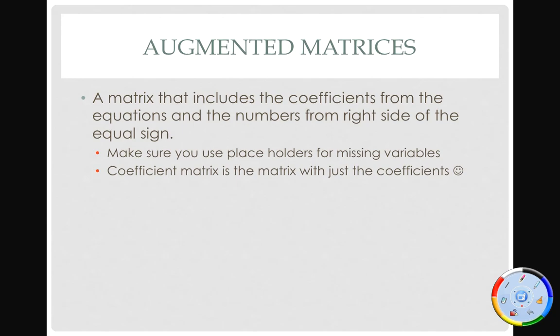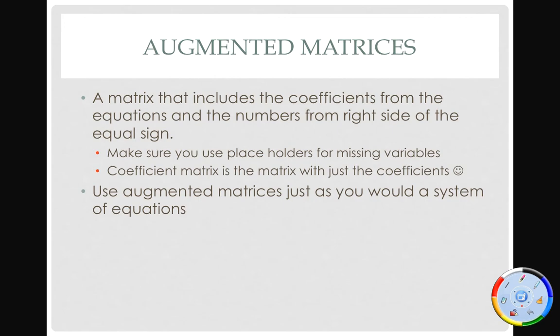If you were to talk about the coefficient matrix, that's the matrix with just the coefficients, obviously. We're going to use the augmented matrix just as we would with a system of equations, where we were multiplying an equation by a number and then we were subtracting.